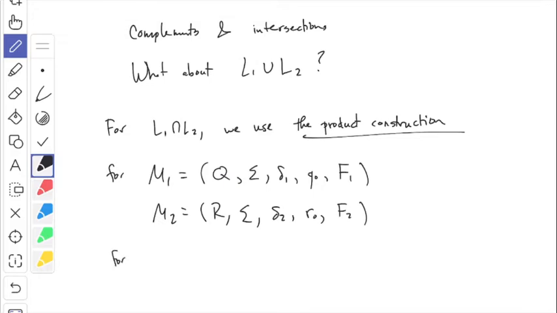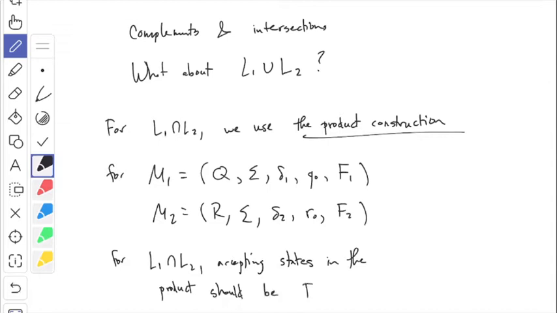For the intersection, L1 intersect L2, the accepting states in the product, if you recall, we used F1 cross F2. Now, why is that?